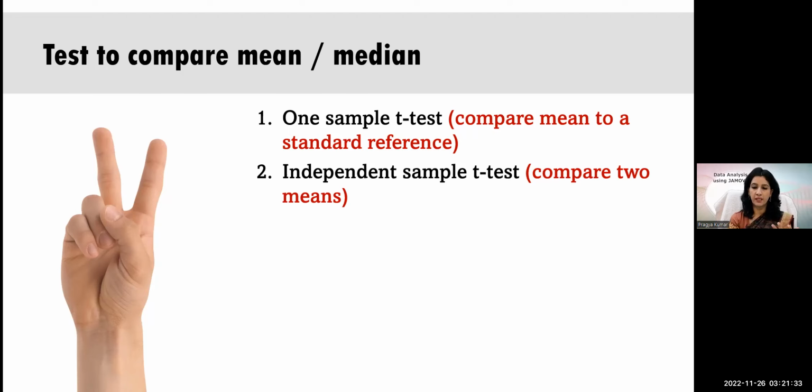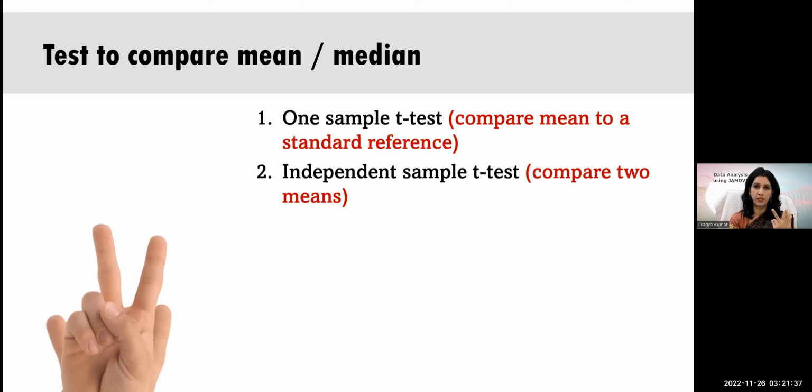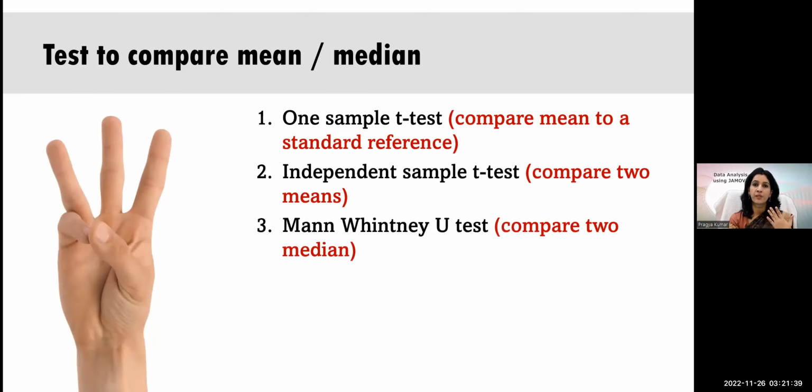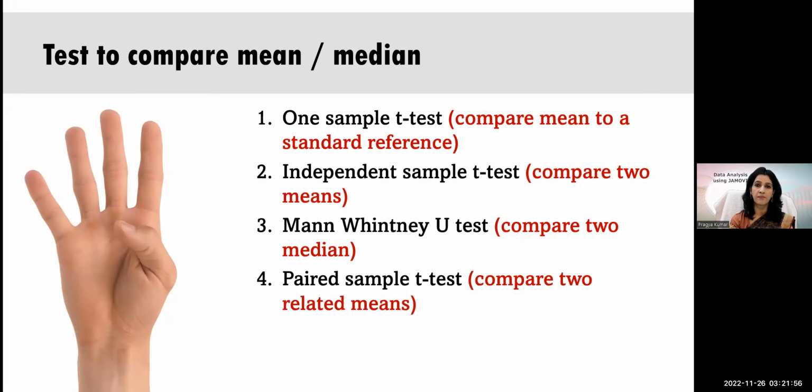In the independent sample t-test, instead of one population, we take two populations, and its non-parametric counterpart is the Mann Whitney U. In the Mann Whitney U, we compare two medians. If the distribution is skewed, then we cannot go for the independent sample t-test, and we opt for the Mann Whitney U test.